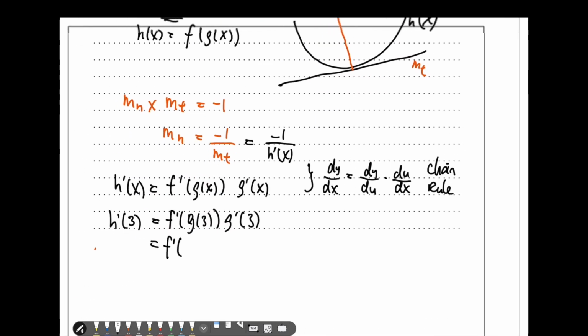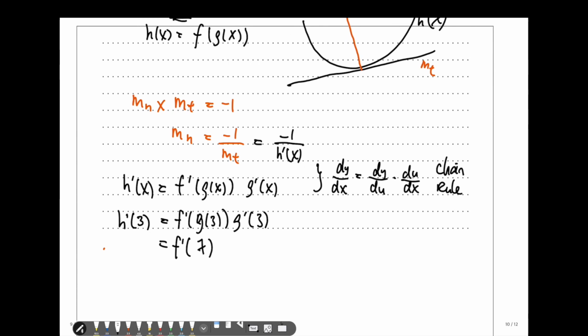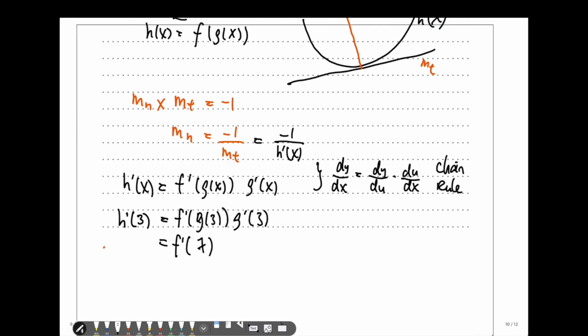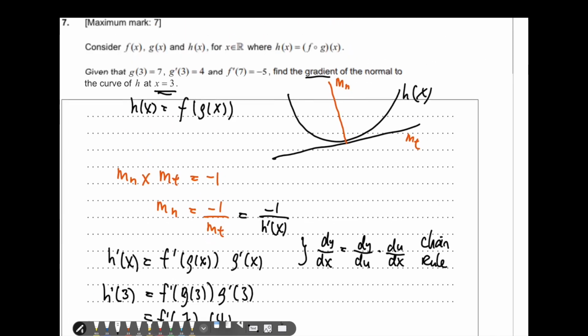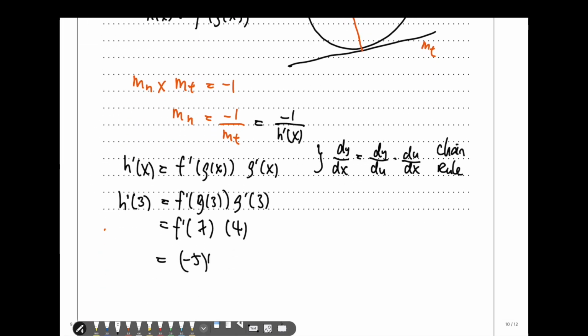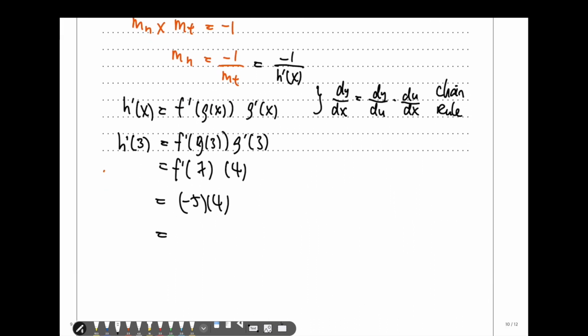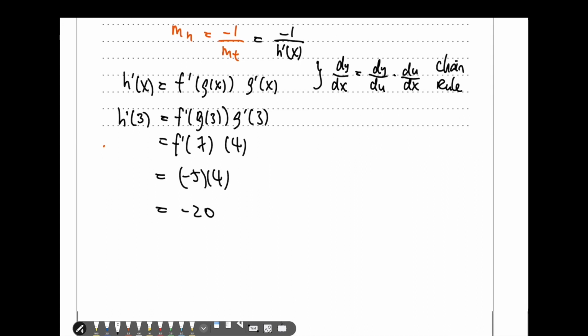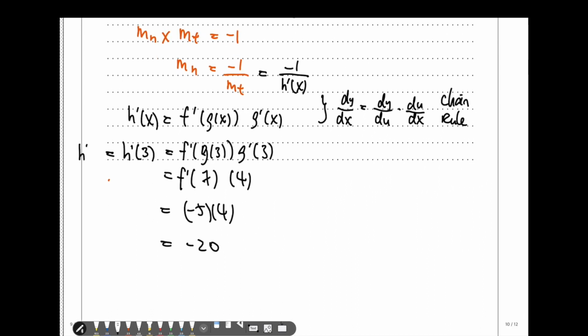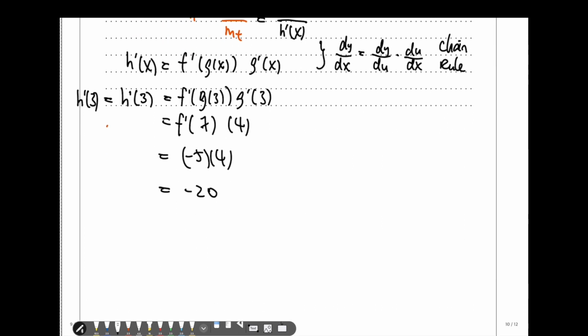And g(3) is equal to 7 as given, and then g prime 3 is equal to 4, and then f prime 7 is equal to -5. So that means -5 times 4, that is -20. So that is for h prime 3.